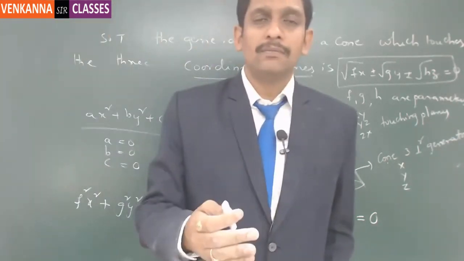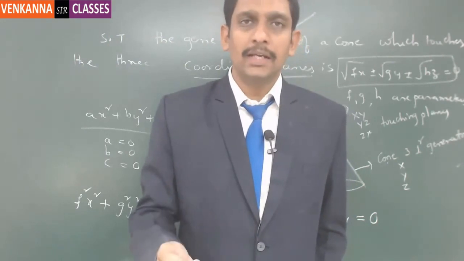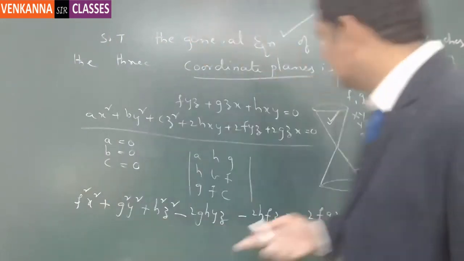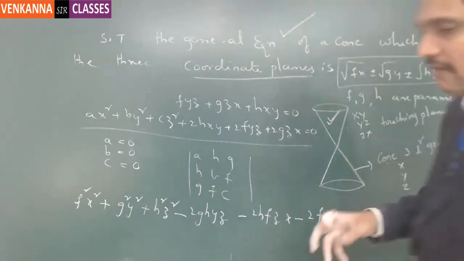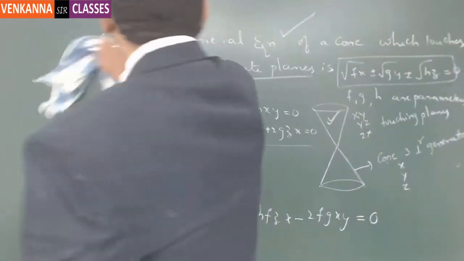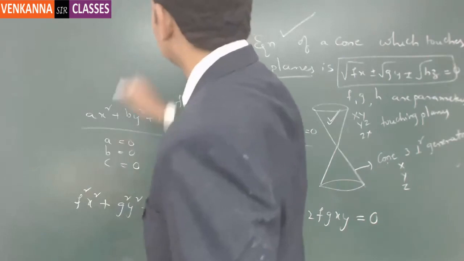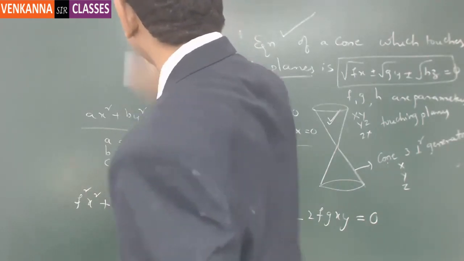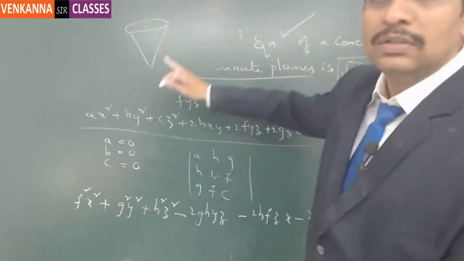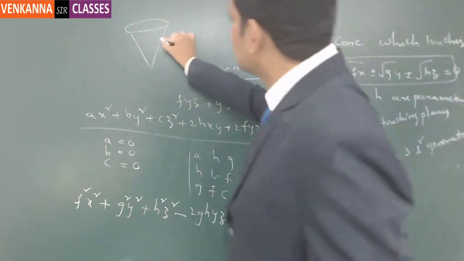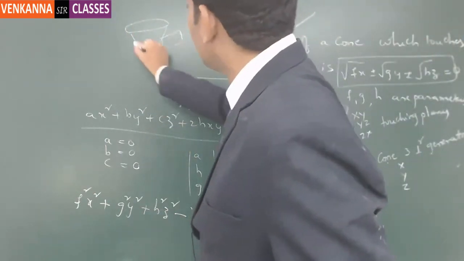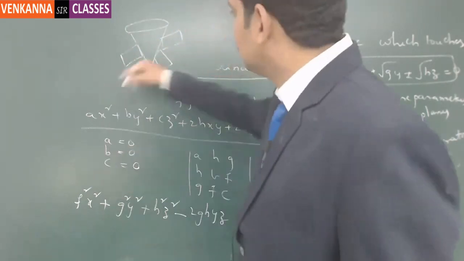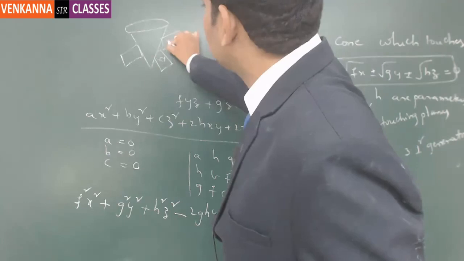Apart from straight away finding a cone equation which is touching the three planes, I will draw the picture for your idea. Let me say, this is my cone. So the three coordinate planes xy, yz and zx are touching this.